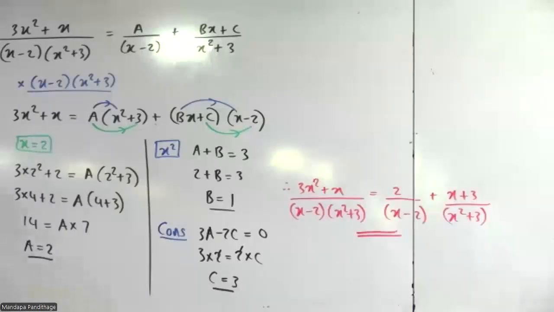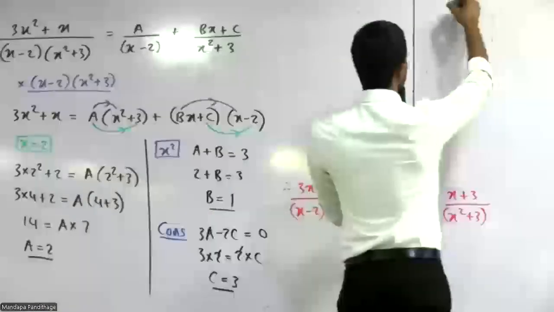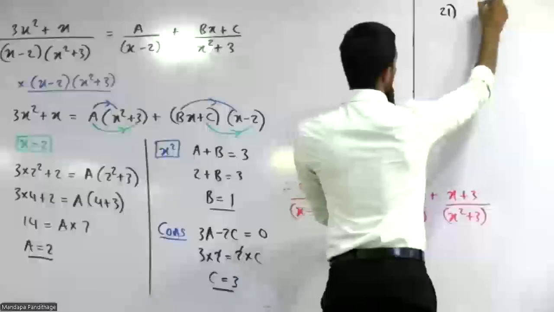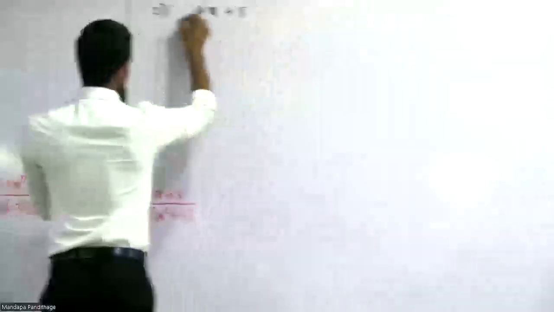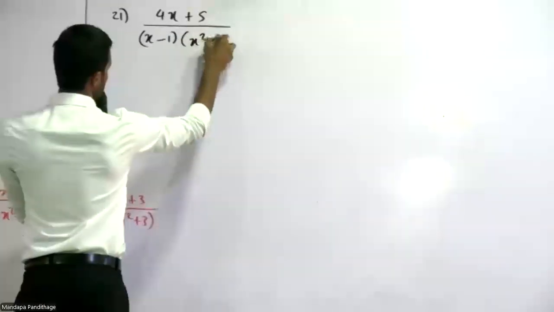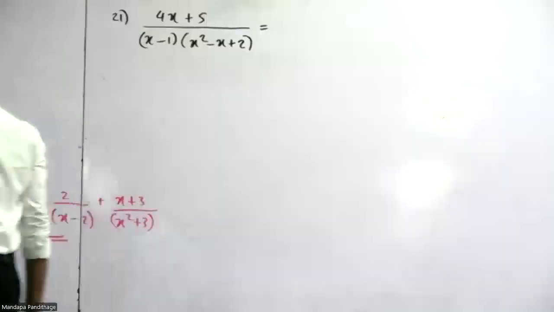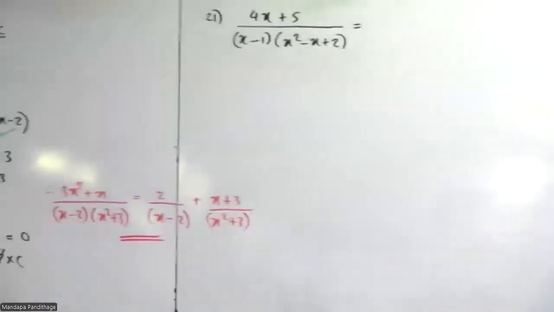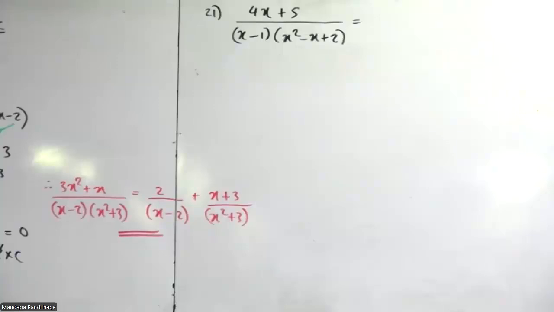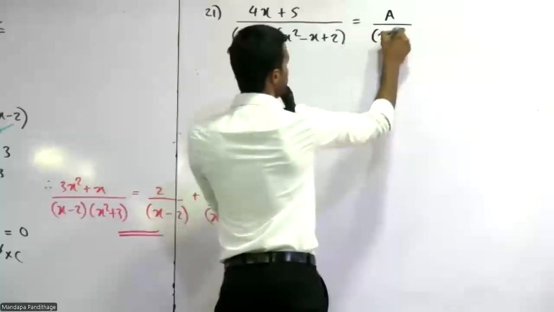Okay, then let's see question number 21. 4x plus 5 over (x minus 1)(x squared minus x plus 2). Silence. Okay, same drill. Here it's A over x minus 1.